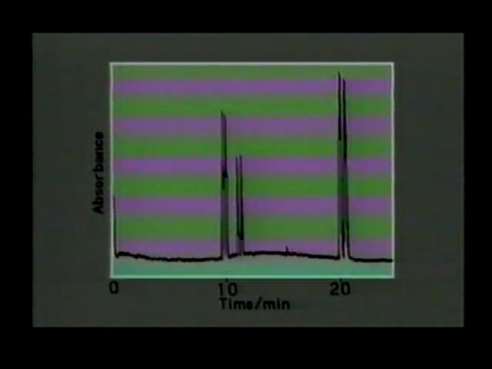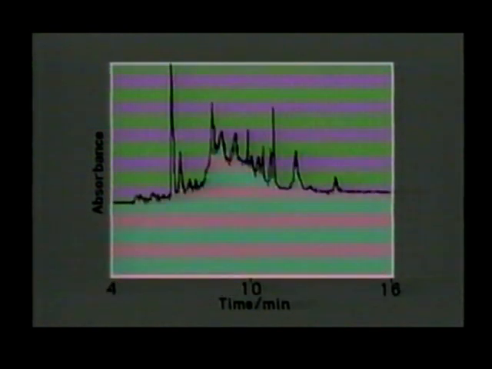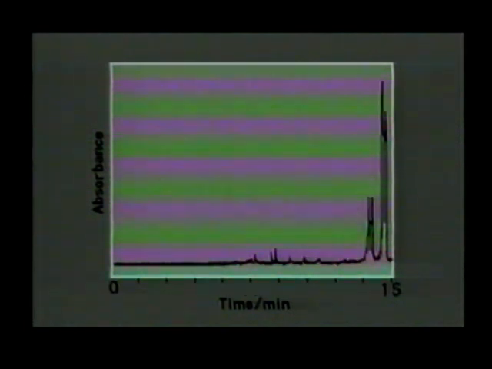In the water industry, efficient separation and quantitative analysis of common inorganic and organic anions can be completed in under a minute. In drug development, CE assays of new compounds are proving to be robust and cost-effective.